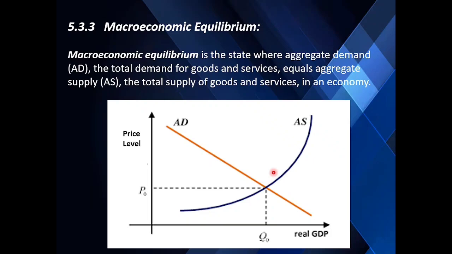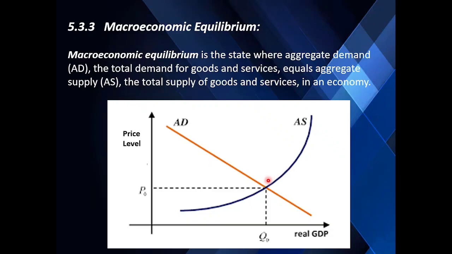Macroeconomic equilibrium occurs where the aggregate demand curve intersects the aggregate supply curve. At this point, the quantity demanded equals the quantity supplied. The equilibrium gives us two key pieces of information: the equilibrium price level and the equilibrium level of output.